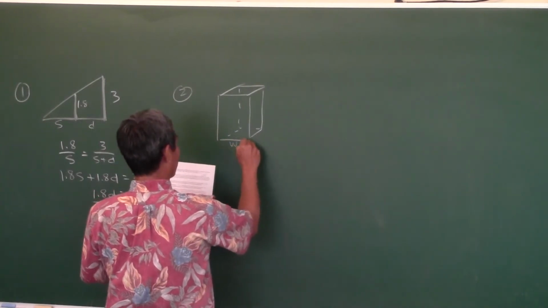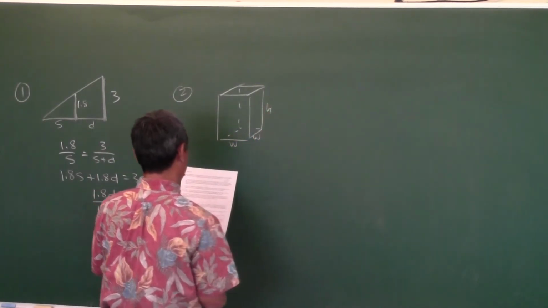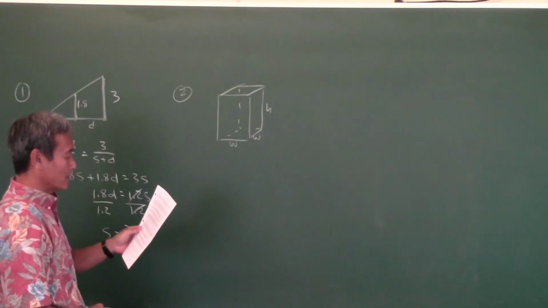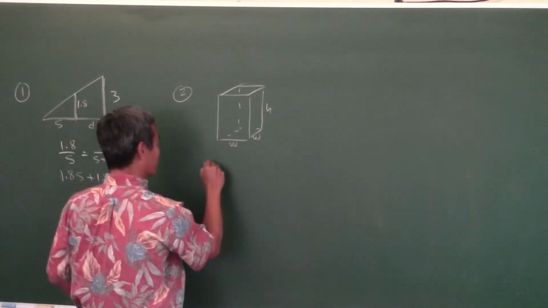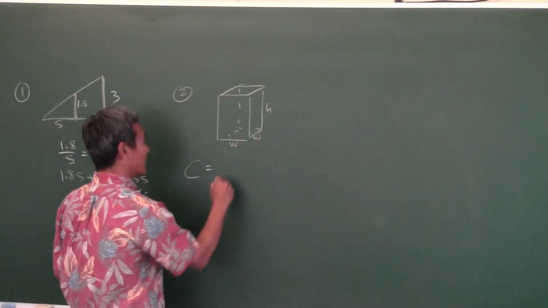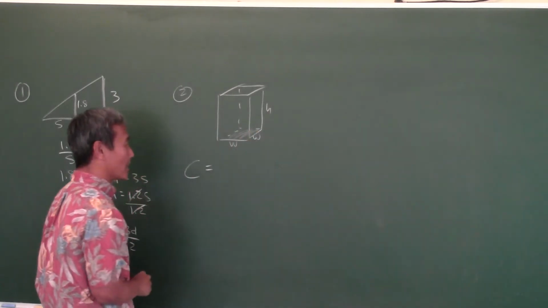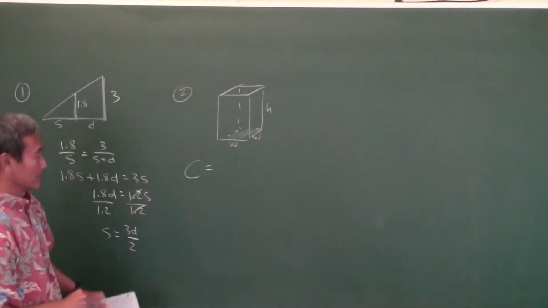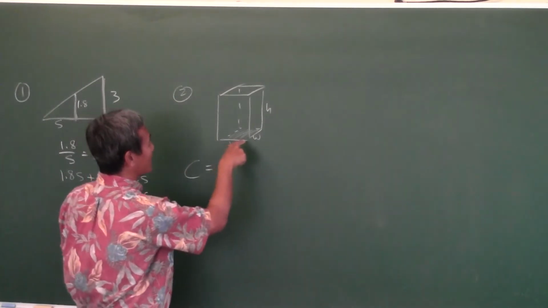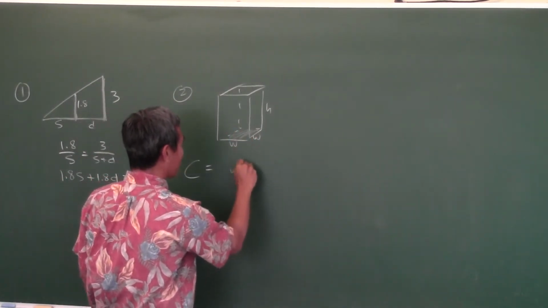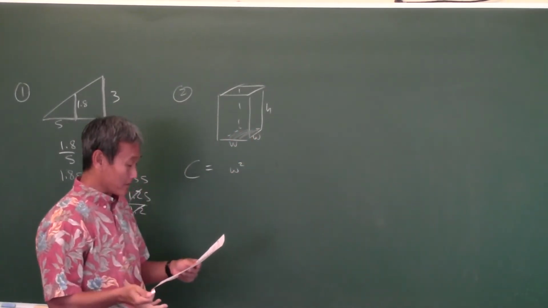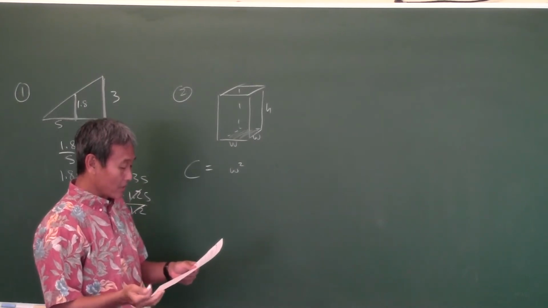Okay, here's the width of the base and there's the height. What we want to do is write the cost of the box as a function of W. So cost is equal to, now what is the area, how much does this box cost? What's the area of the base? It's a square, people. What's the area? W squared. But then what is the cost? How much does it cost to build the base?